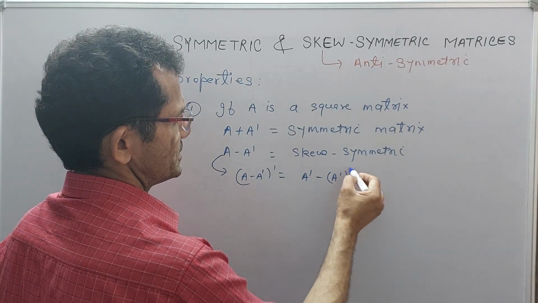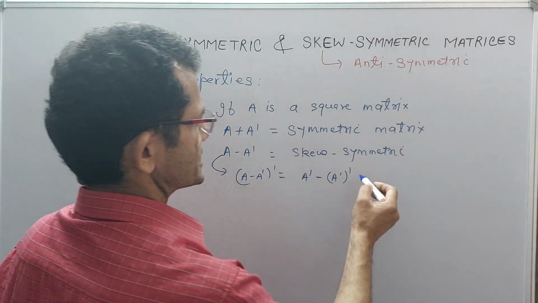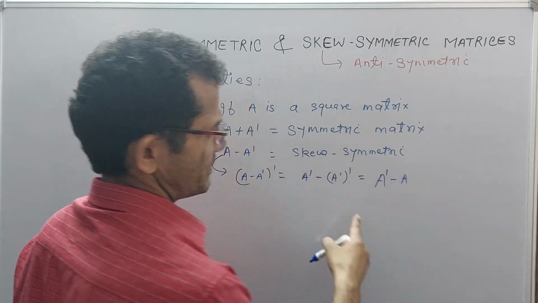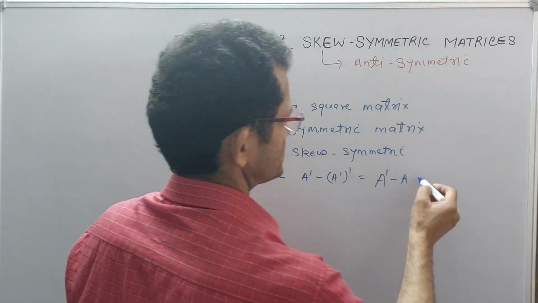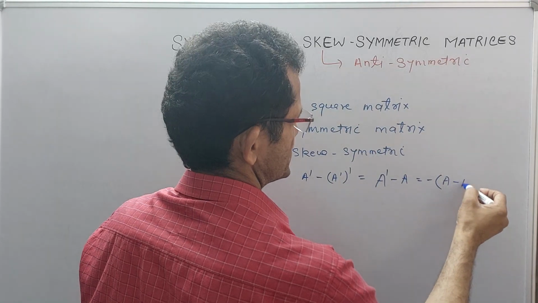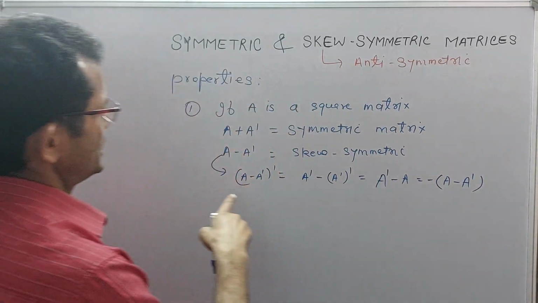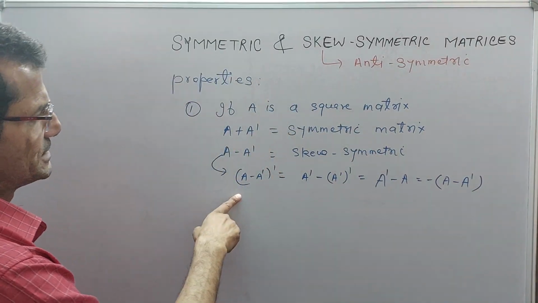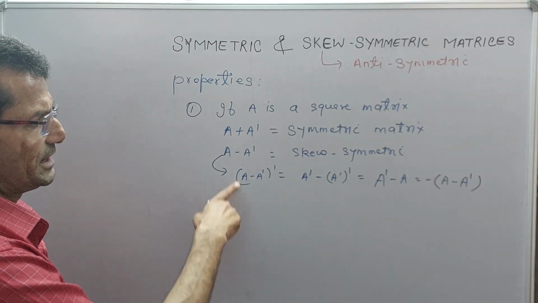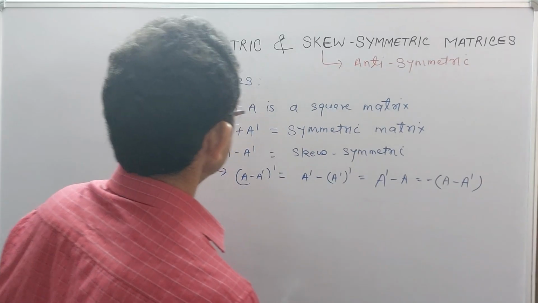Double transpose will be our original matrix A. So this becomes A minus A. If I take minus outside of this one, minus A becomes positive. So transpose of A minus A dash will be our skew symmetric matrix.